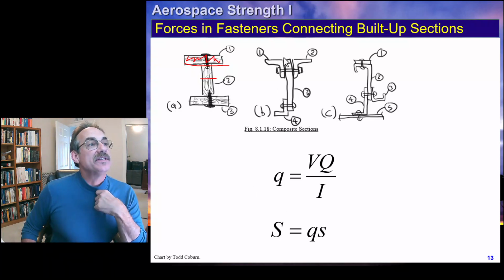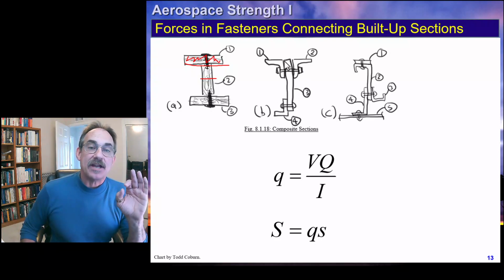Now in this case over here, the second case, we'll understand this a little better after next lecture. Let's say we want to know the force in the bolt attaching that left angle. That means we're going to cut this right here. We would find the centroid. We would calculate the first moment of this.